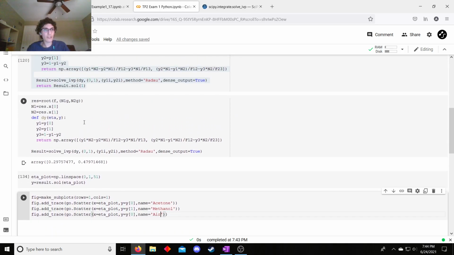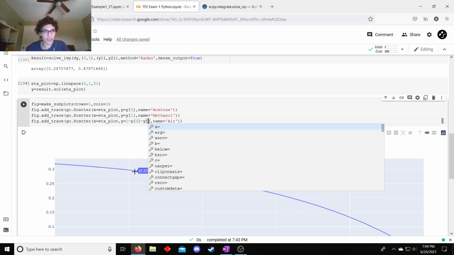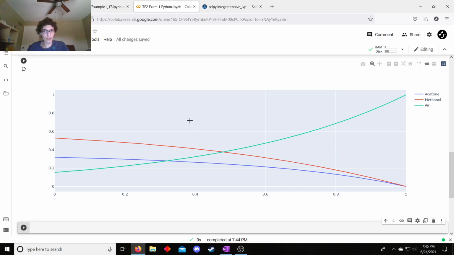We don't actually have values for air, but the way mole fractions work is that air equals 1 minus the mole fraction of acetone, minus the mole fraction of methanol. So I'll go ahead and do that.